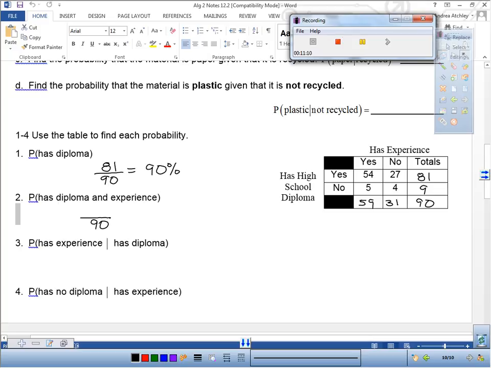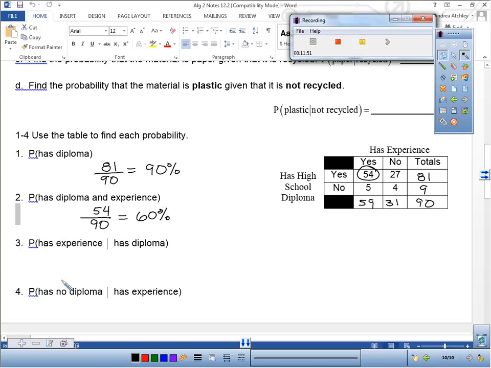Eduardo, how many people have a diploma and experience? 54. It's the people who answered yes to diploma and yes to experience. So it's this group, 54. I think that's exactly 60, right? So I need the equal sign. Exactly 60%.